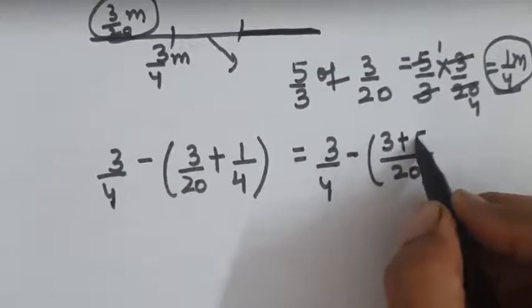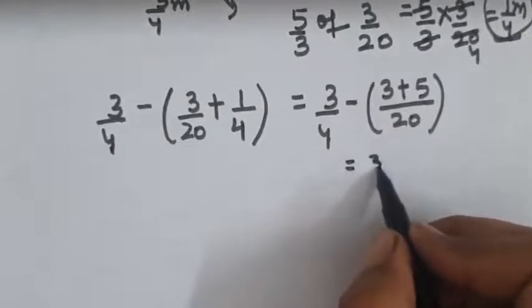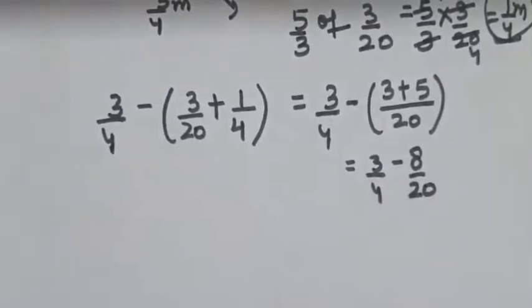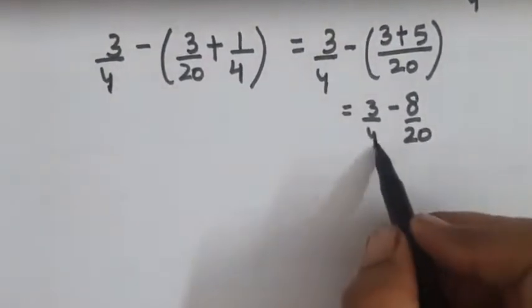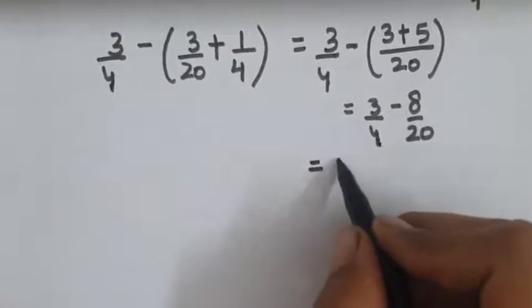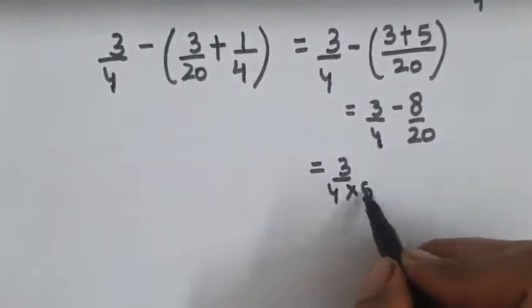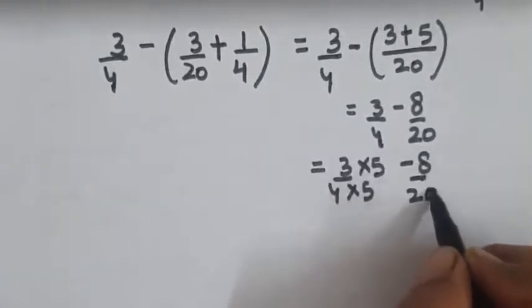That is 20 upon 3 plus 5. So now we got 3/4 minus 8/20. Now make the denominator 20. We get 3 upon 4 into 5 into 5 minus 8 upon 20.